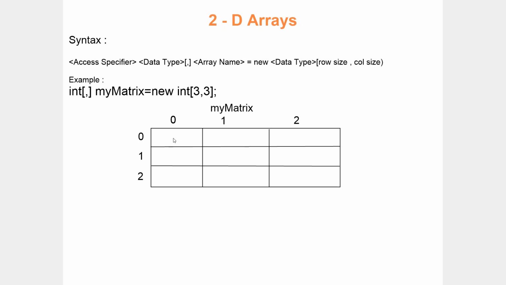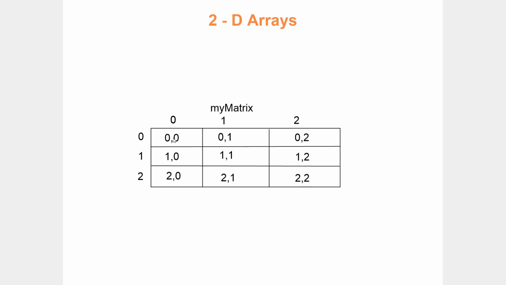But this is not the complete address. You need to identify the complete address of your location. So let's identify the complete address of each and every location. Whenever the user enters the first element, it has to be stored into the first location. Where is that first location located? So this is called the first location. Where is it located?